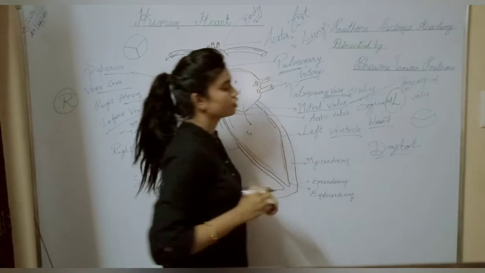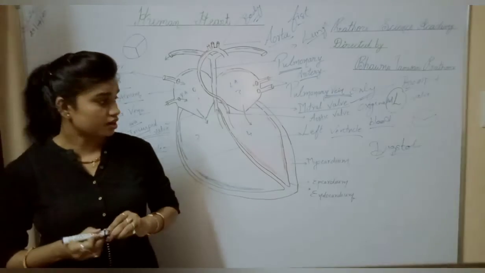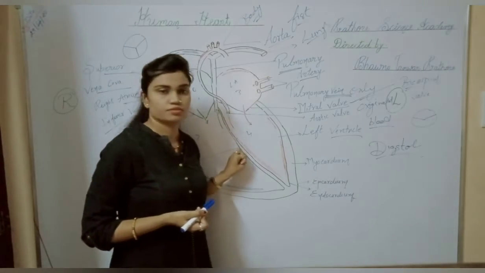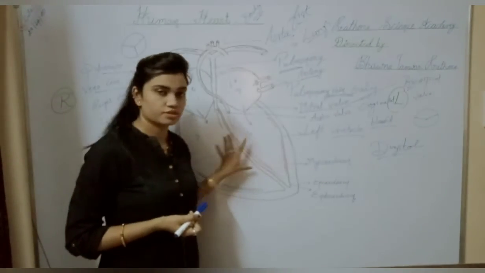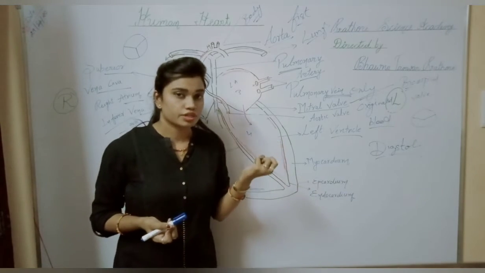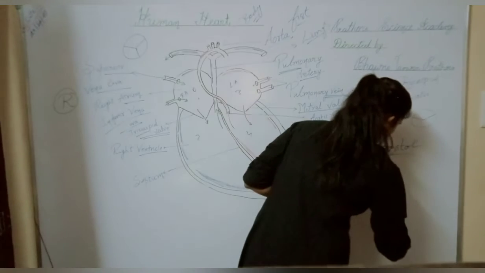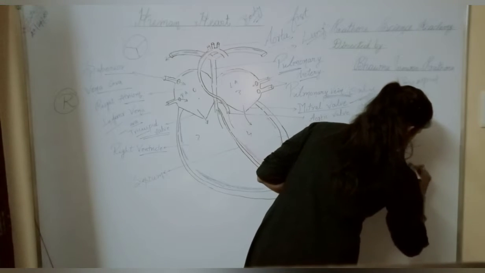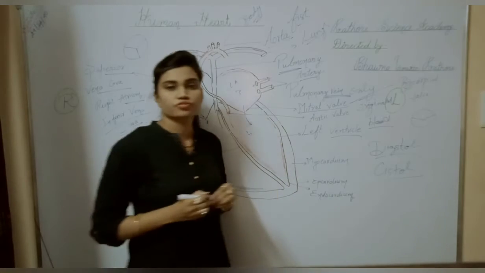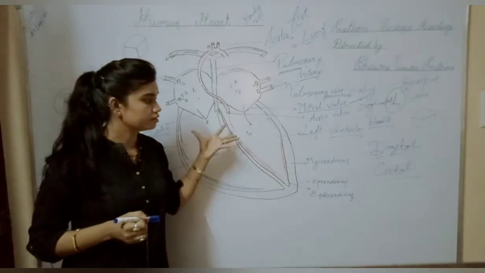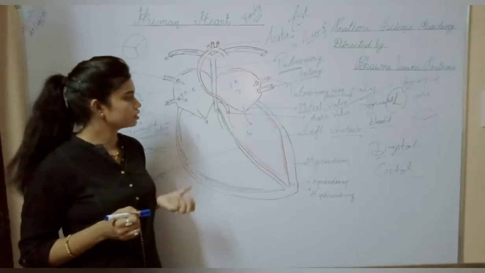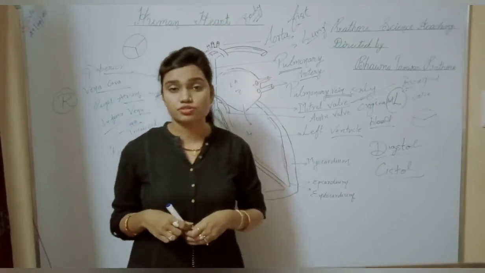And when the heart contracts in the ventricles, the contraction of the heart is known as systole. Contraction of the heart is systole, and relaxation of the heart is diastole.